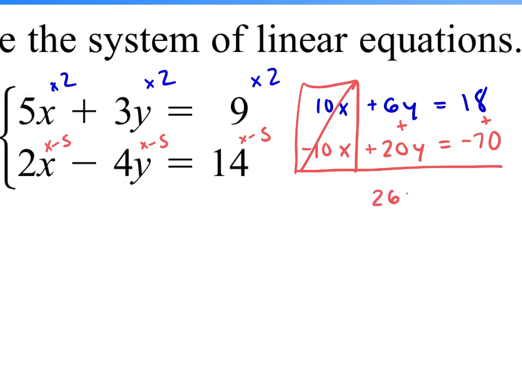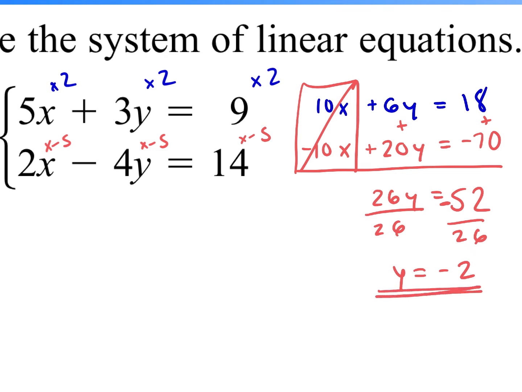So this is 26y is equal to 18 minus 70, negative 52. And then divide both sides by 26. So y is equal to negative 2.